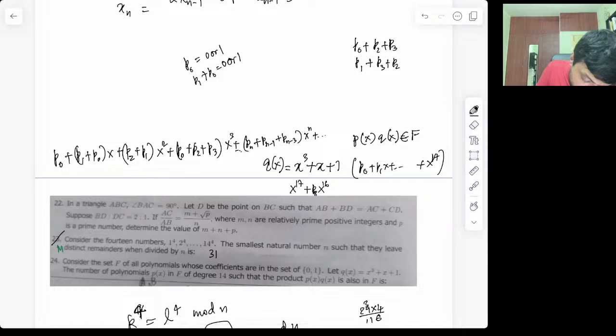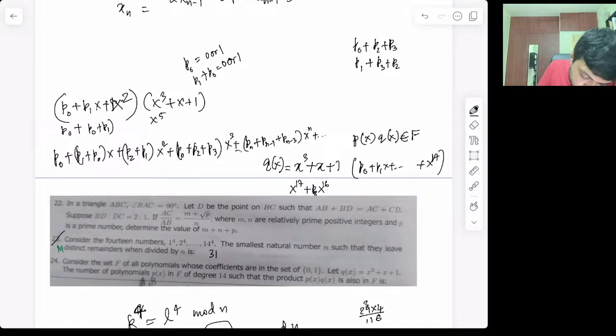If you put P0 plus P1x plus P2x square, and again multiply by x cube plus x plus 1, then you will get essentially x power 5.